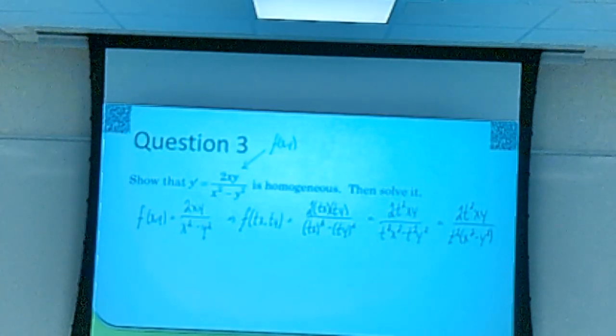Factor out that t squared. And we'll just get back to the original function.